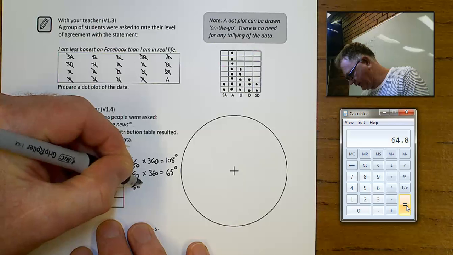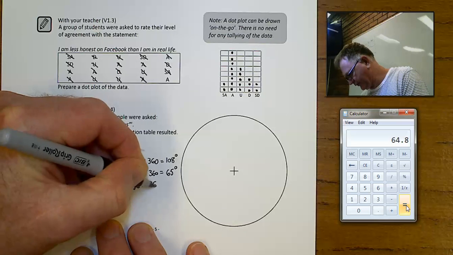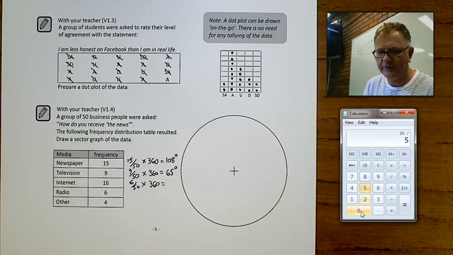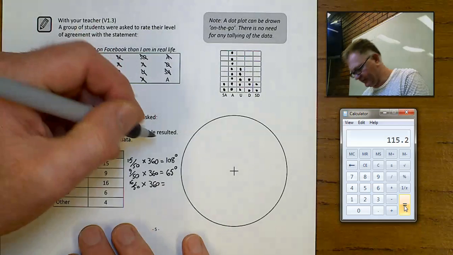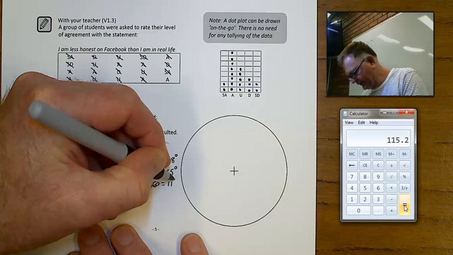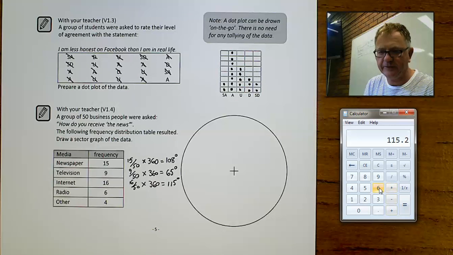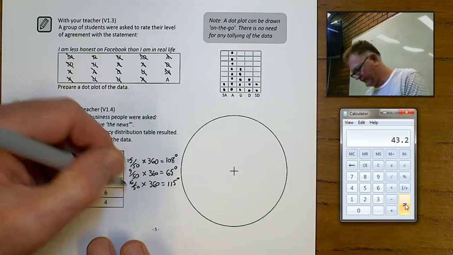The next one is 16 people, 16/50ths of the people. Times it by 360 equals 16 divided by 50 times 360. It's going to be 115 degrees to the nearest degree. 6 divided by 50 times 360. 43 degrees.